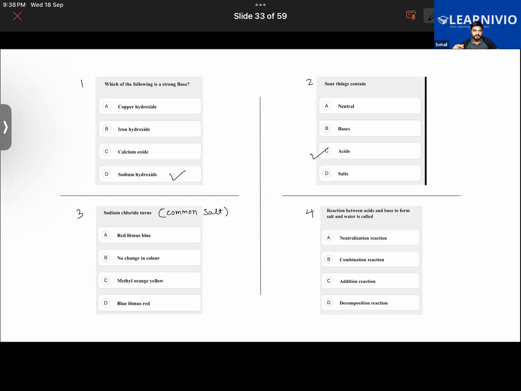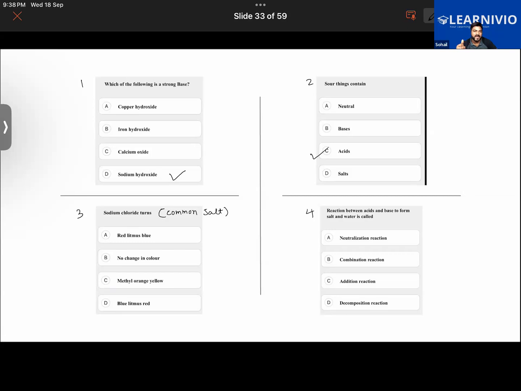So no change in color. Okay. Can you provide me the chemical equation of the reaction which forms sodium chloride? Acid plus base is equal to salt plus water. I'm specifically talking about sodium chloride.